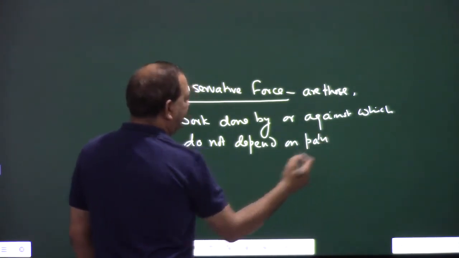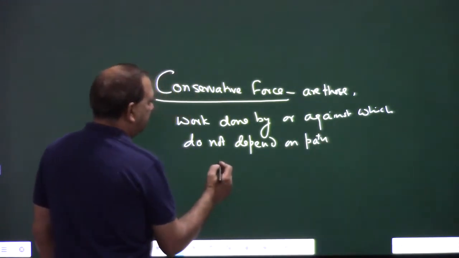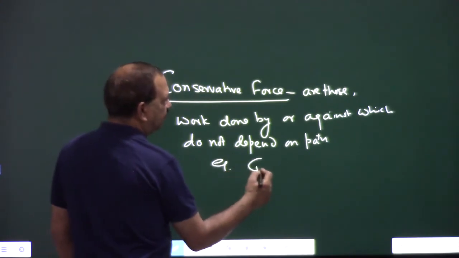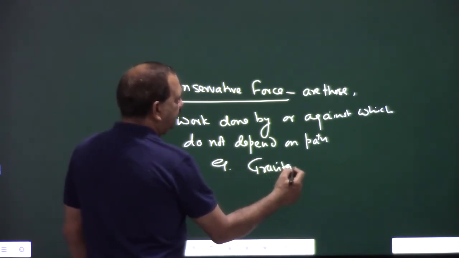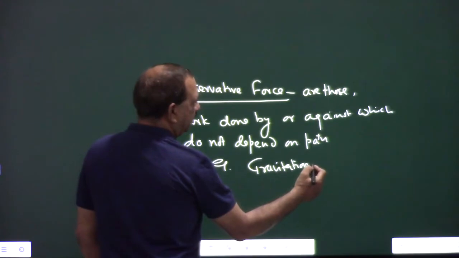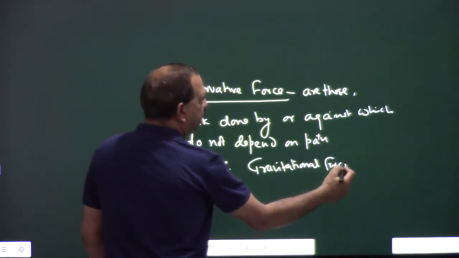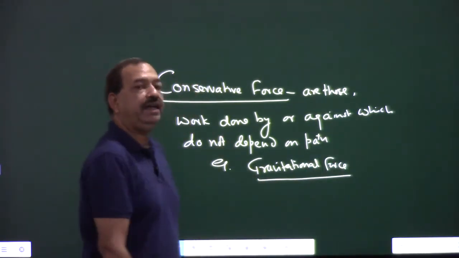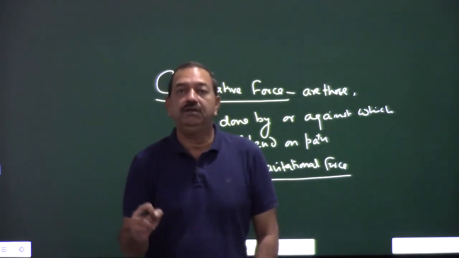And for example, it is gravitational force. So in fact, gravitational force is a conservative force. That's why work done in gravity does not depend on path.